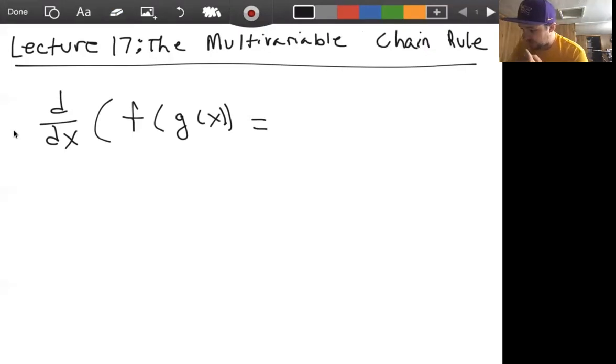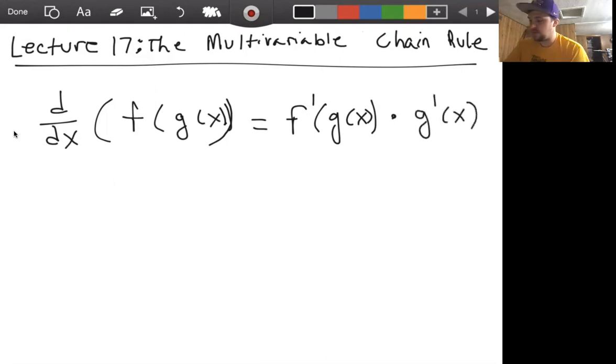The chain rule says you take the derivative of the exterior function and leave the inside function the same, and then multiply by the derivative of the inside function.